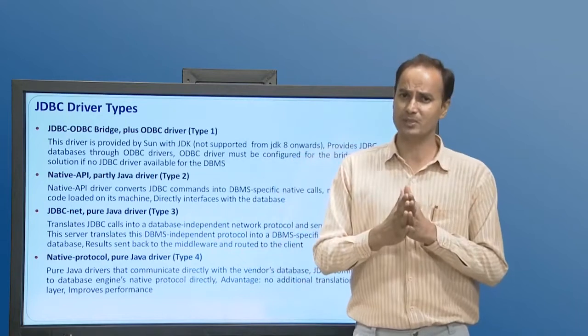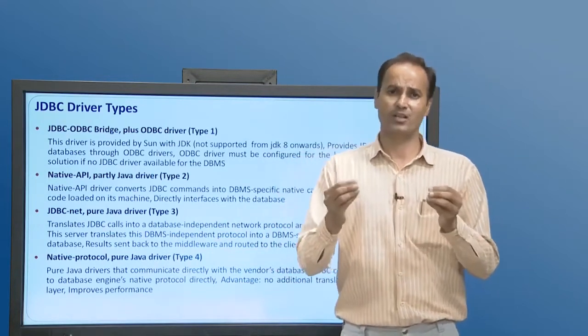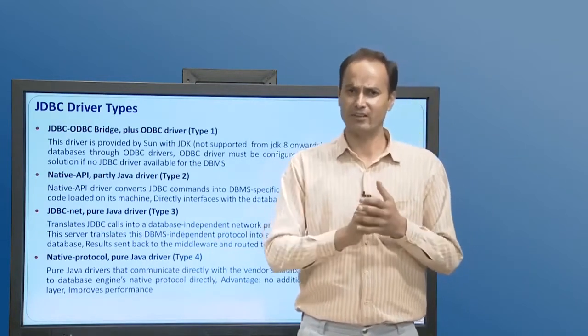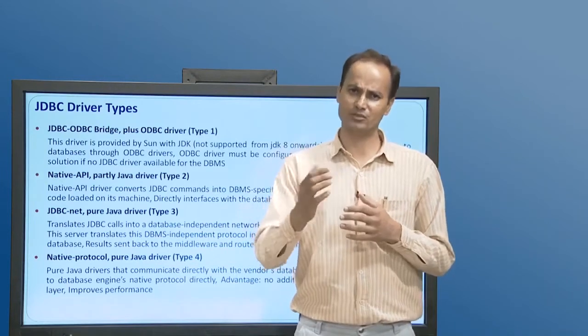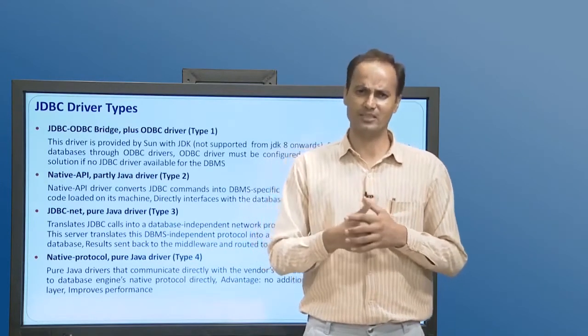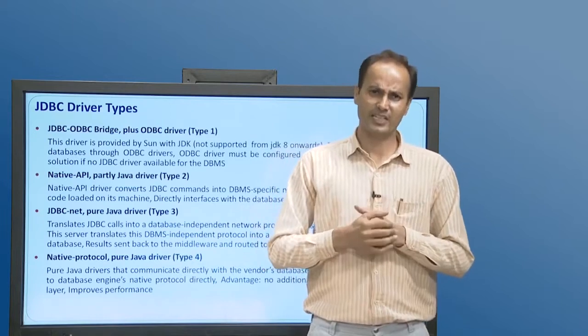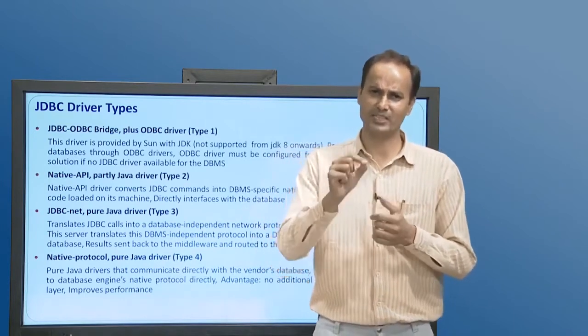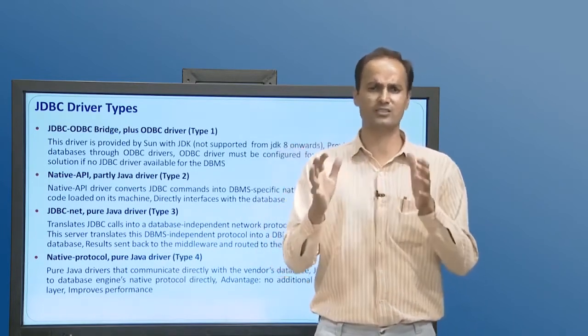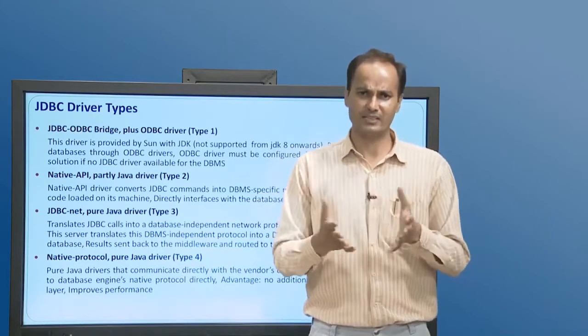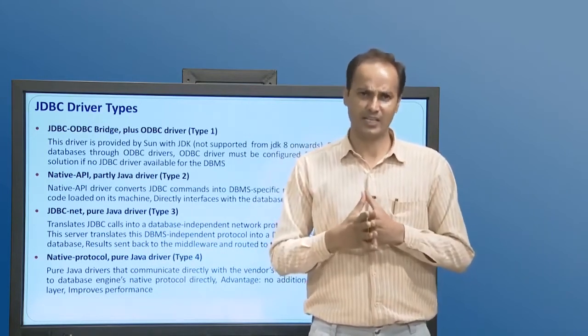The JDBC-ODBC bridge works using the ODBC driver and establishes the connections with the underlying database. It came built into the JDK, but from JDK 8 onwards, it is not supported in the JDBC API.